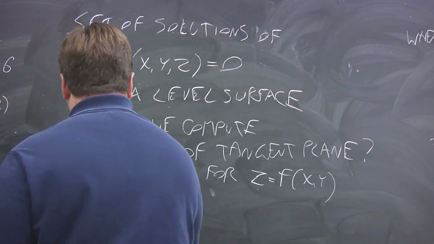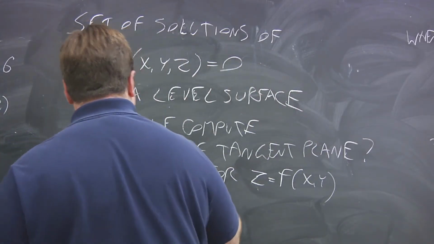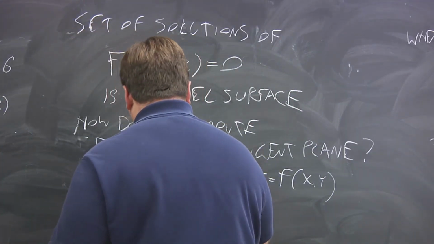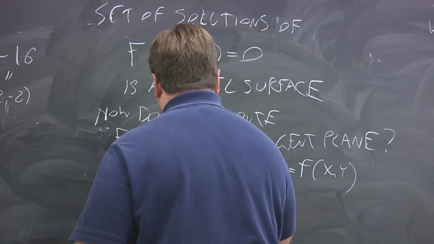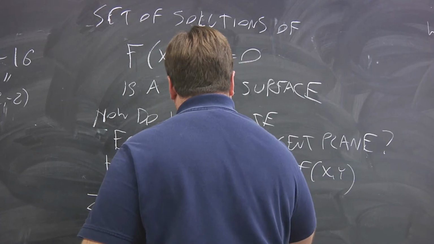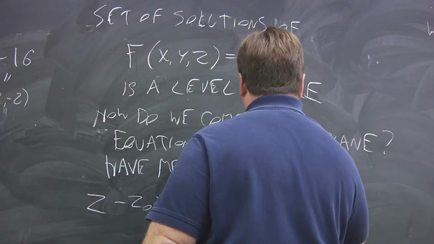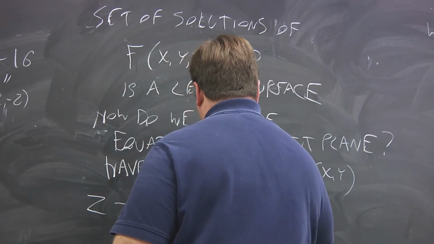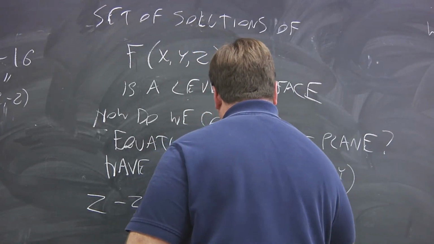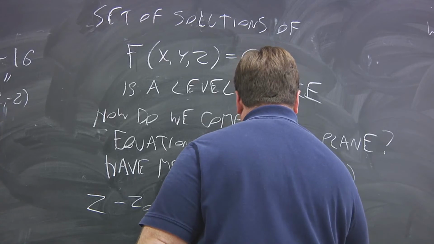So we have z minus z naught is equal to the partial of z with respect to x at the point times x minus x naught plus the partial with respect to y at that point times y minus y naught.